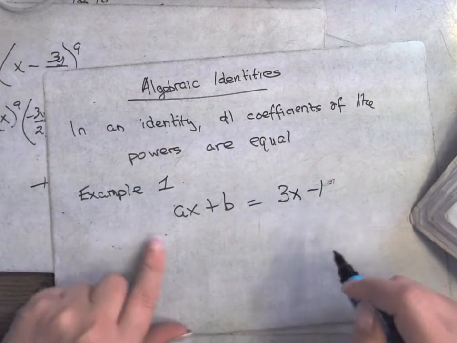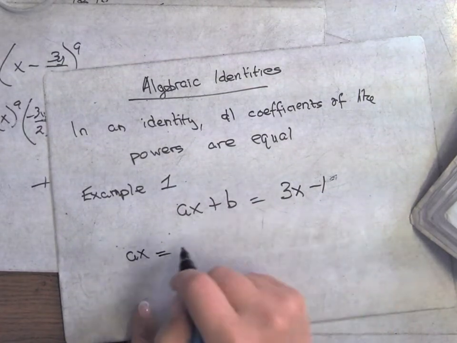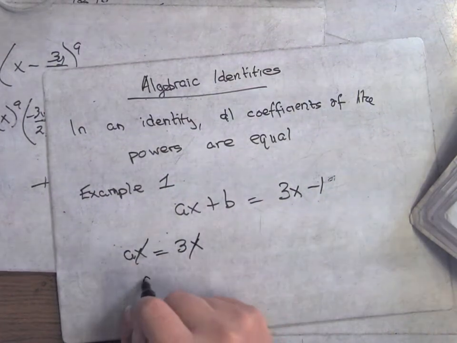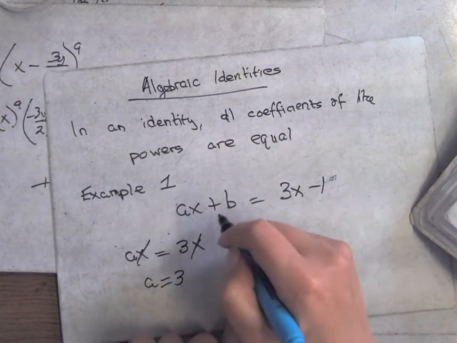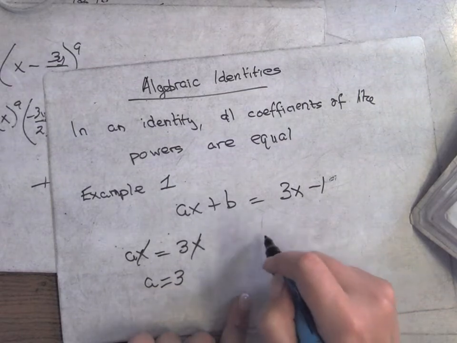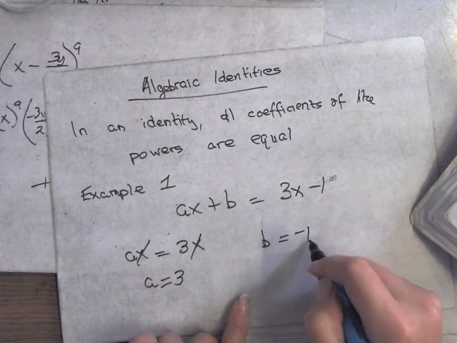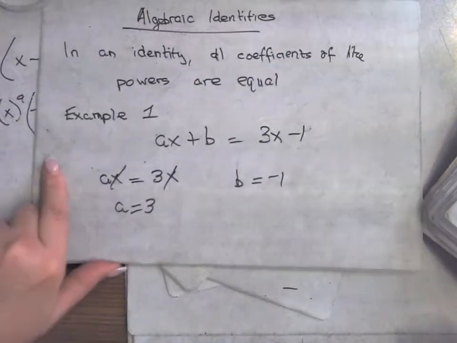So ax must be equal to 3x. So what does a equal? Divide by x and you get a is equal to 3. Agreed? Right, okay. And the b is a number on its own, so that must equal what? Minus 1. Right? So equal powers on this side equals equal powers on the other side.